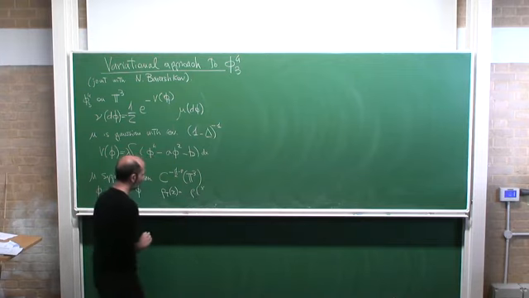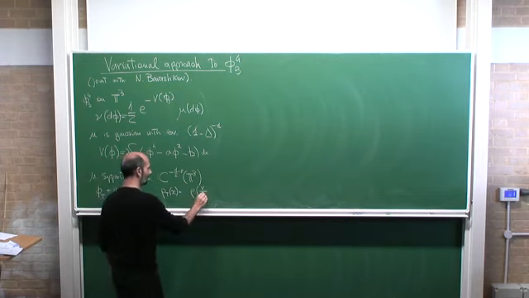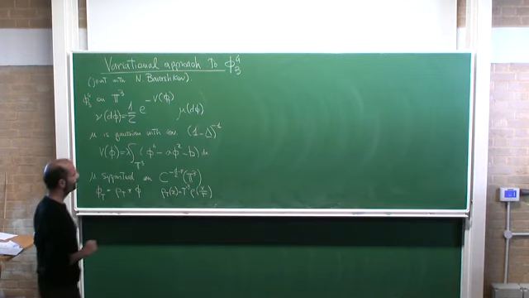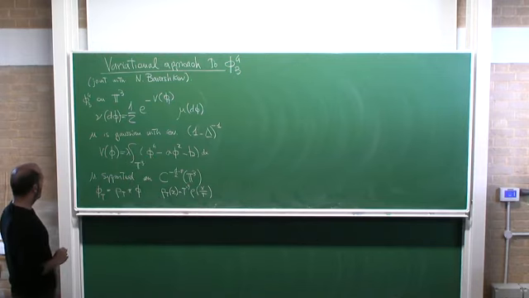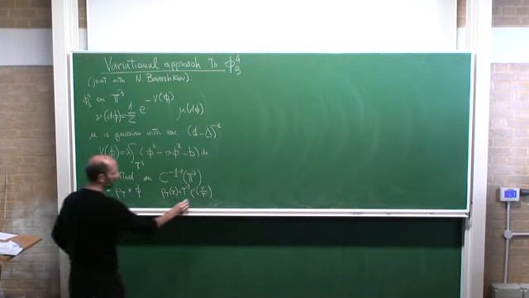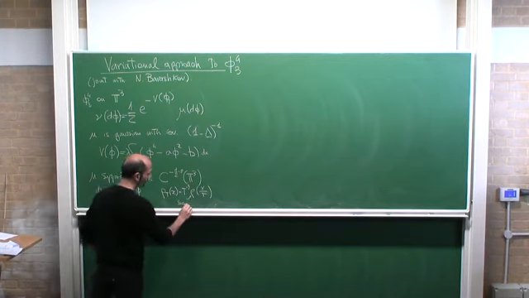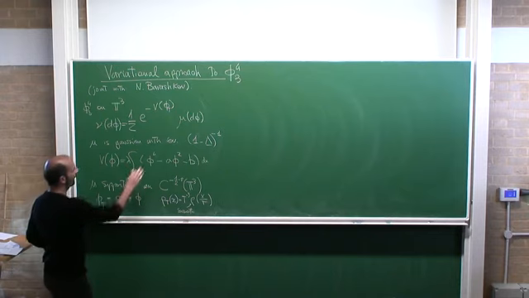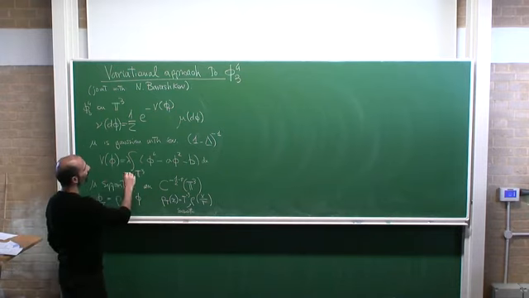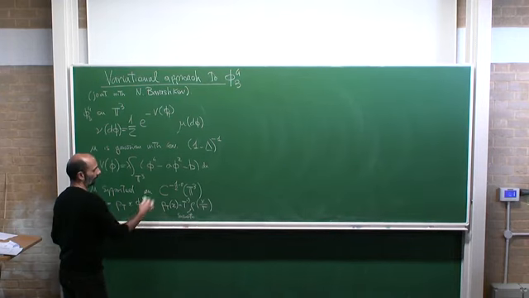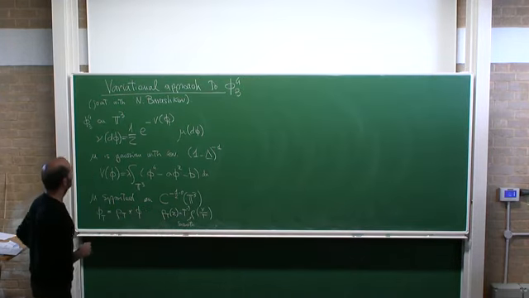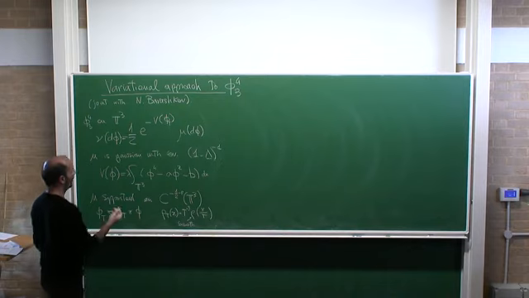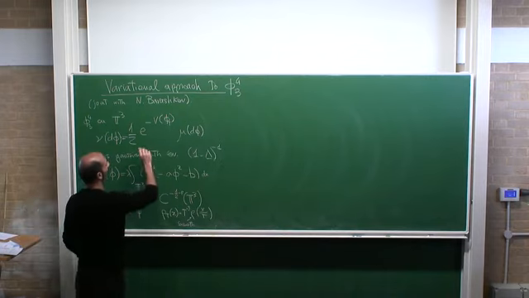Now this is smooth and makes sense, but of course when we try to send t to infinity we will have a problem, and we already know that we will have to renormalize.